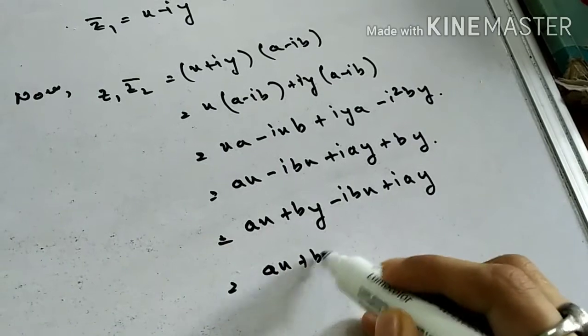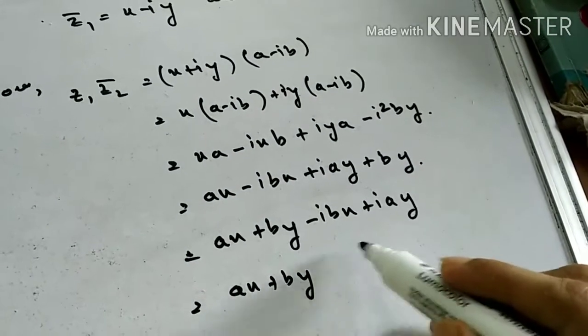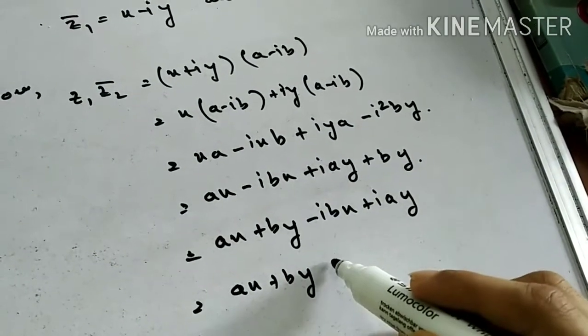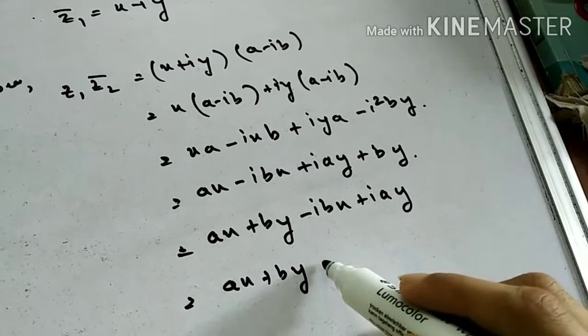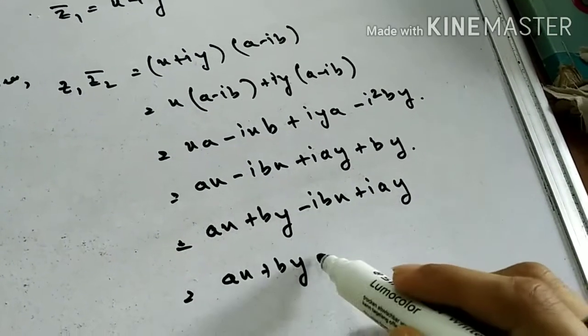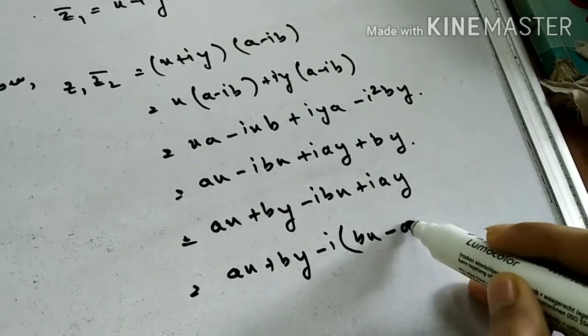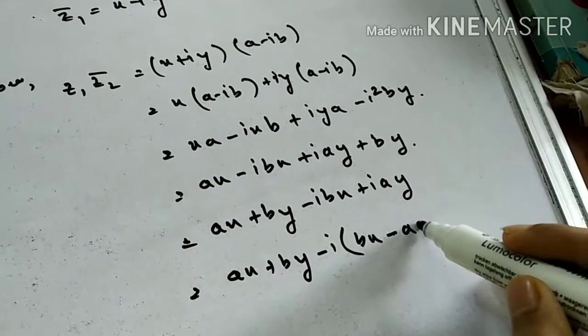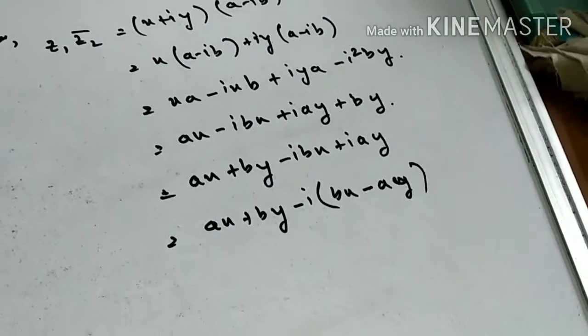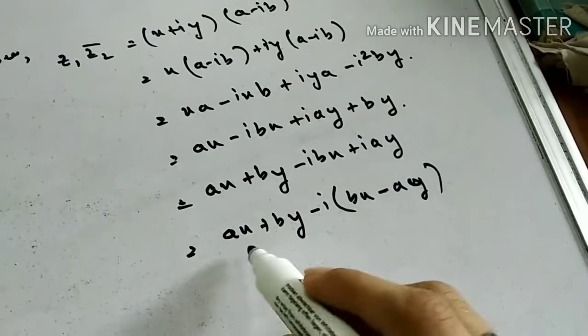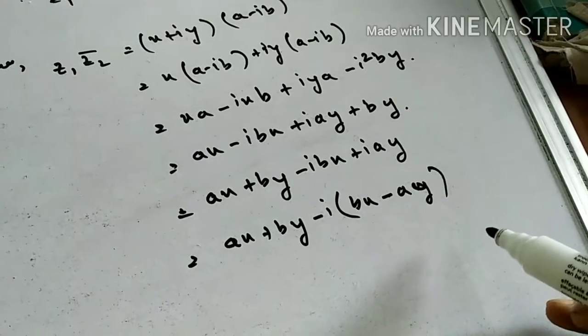So ax plus by, and taking minus i common, I will get bx minus ay. So this is the real part, this is the imaginary part.